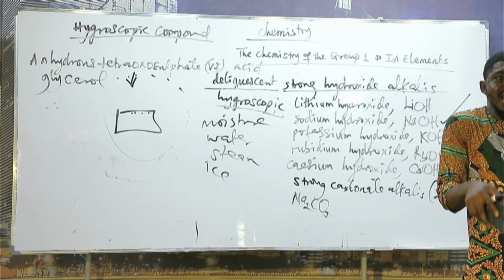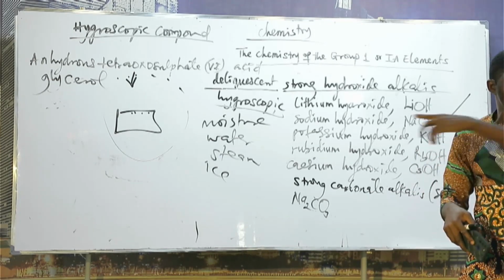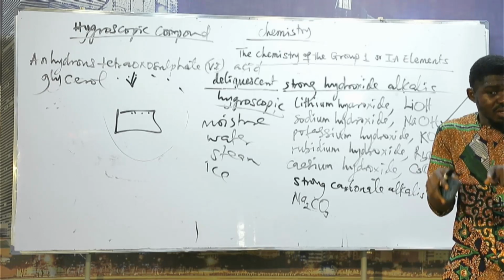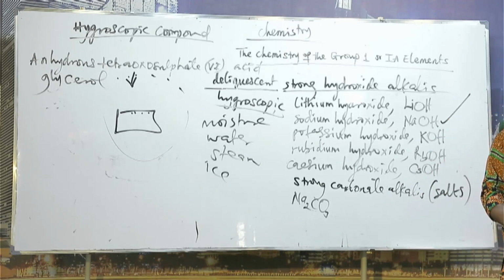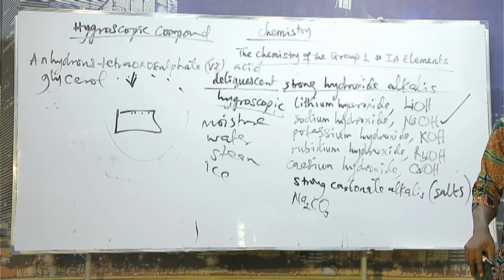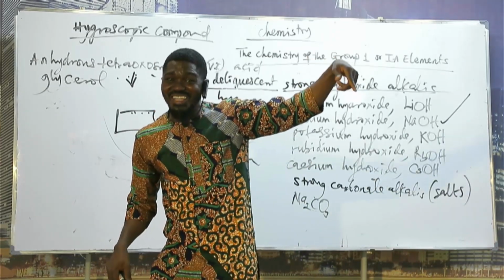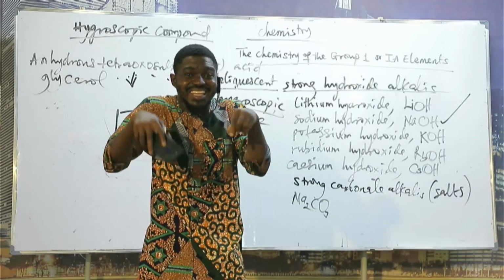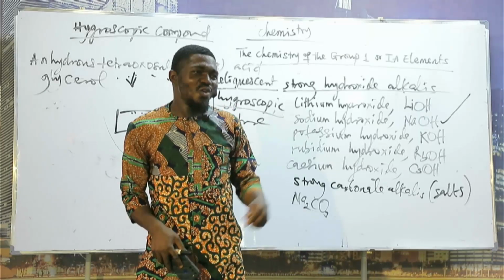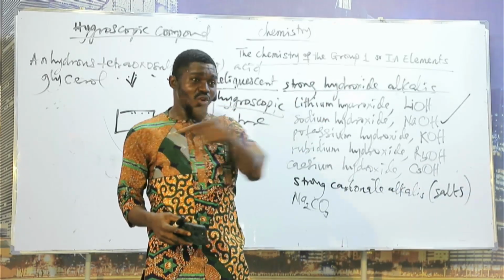If the air inside here has greater pressure than the one outside, which one will come in and which one will go out? The one inside will go out to meet the one outside, because the one inside has greater pressure. What if the one outside has greater pressure? It will come inside, right?